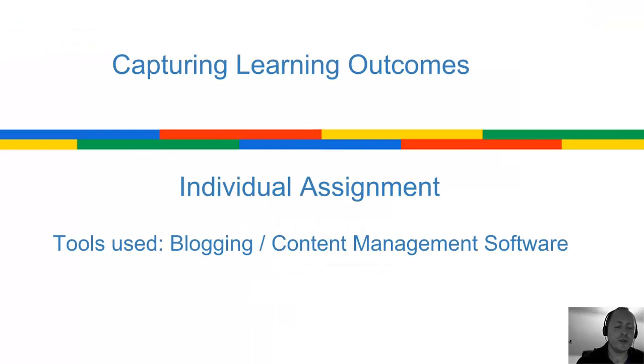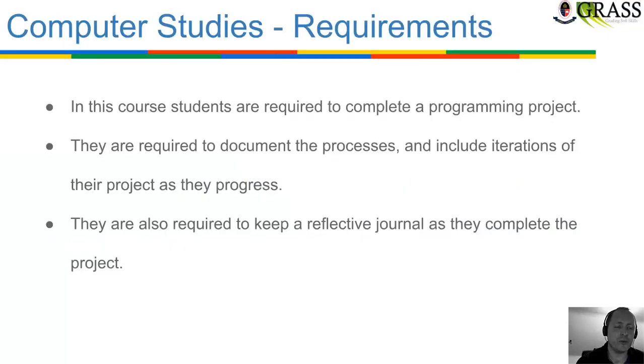In terms of individual assignments, an example of one that we would use to record different learning outcomes in this case would be a computer studies requirement for a project, that students are required to complete a programming project, but they also are required to document the process, include iterations of the program as they progress, and they're required to keep a reflective journal as they complete the project.